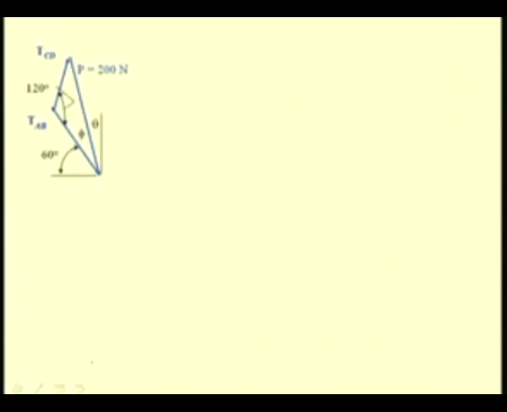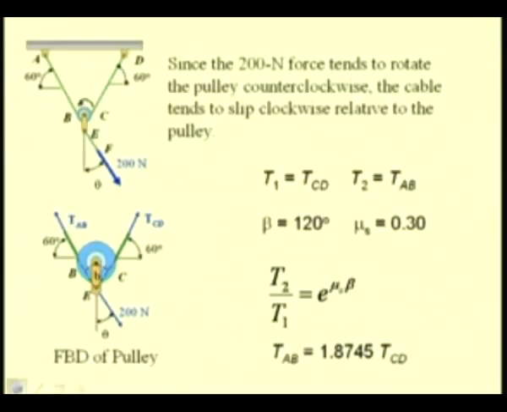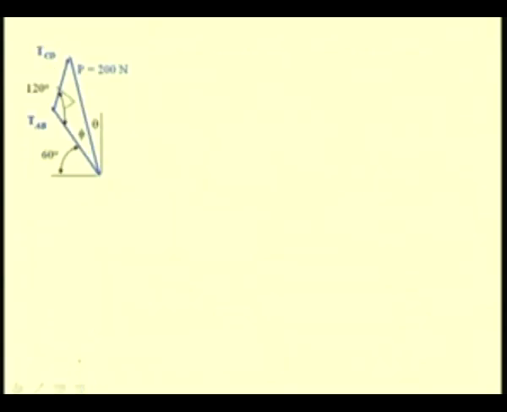Now, let us consider this force triangle where we have marked these forces, that is TCD, TAB and this 200 Newton force by these vectors. So, we have this 200 Newton force which is having an angle of inclination of theta with the vertical, the force in this cable CD and the force in the cable AB.